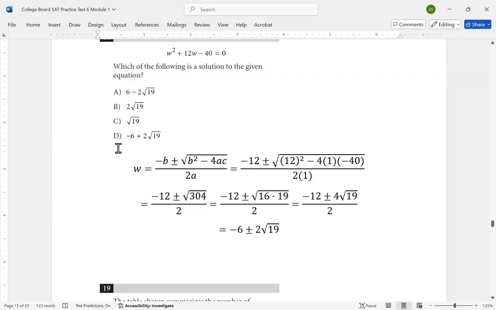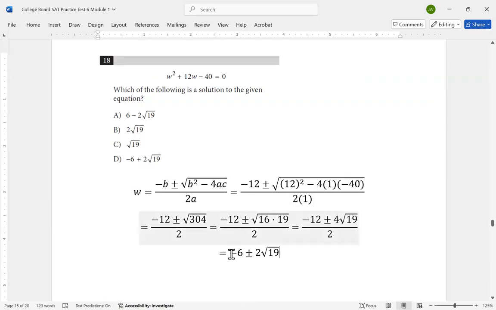The only option that I get for one of those two answers is negative 6 plus 2 root 19. The negative 6 minus 2 root 19 is not up there. Therefore, option D is the answer to 18. So the answer to question 18 is option D.